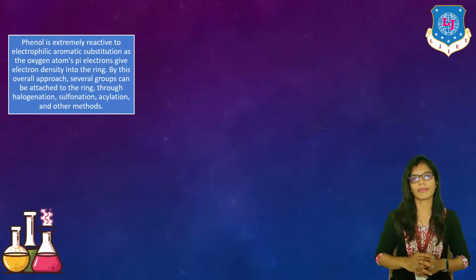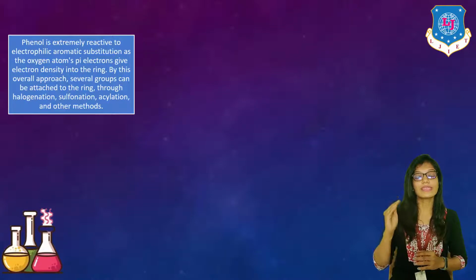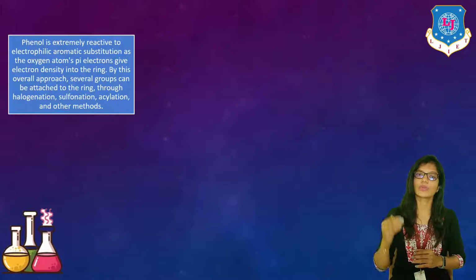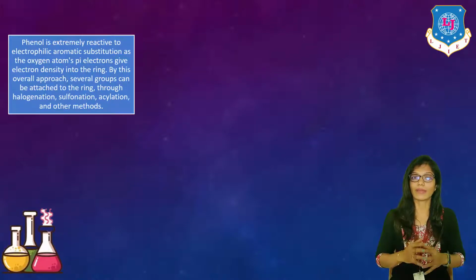So in general, the electrophilic substitution reaction specifically means we are inserting one particular electrophile. So here the attacking group will be an electrophile and it will replace any other group or any highly electronegative atom from the compound.